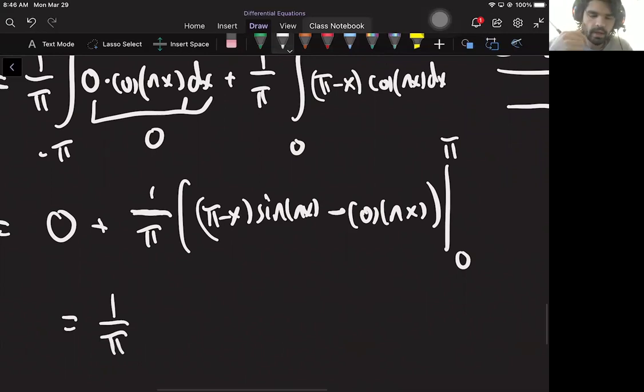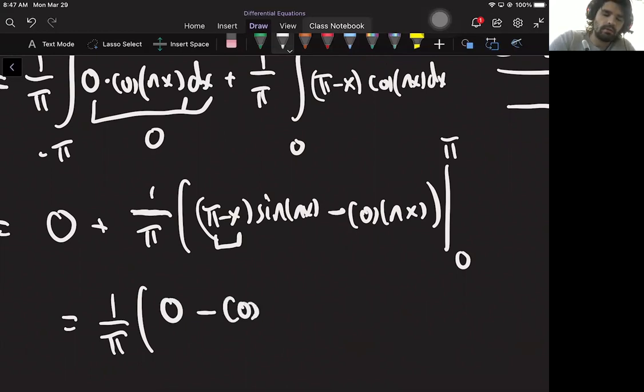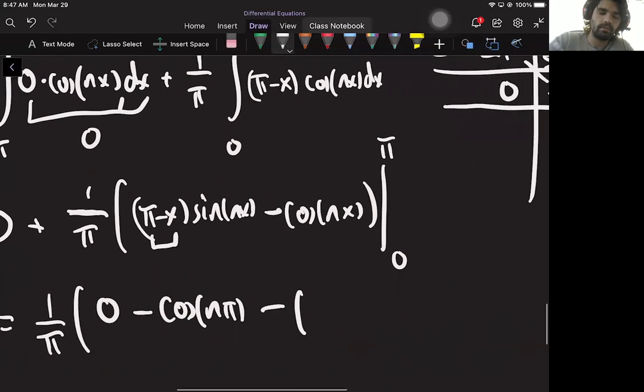Okay, so now I plug in pi. When I plug in pi, notice I get sine of pi minus pi is 0. So 0 times that, still 0, and then minus cosine of n pi. Now I plug in 0, and I get pi minus 0 is pi, but then sine of 0 is going to be 0.